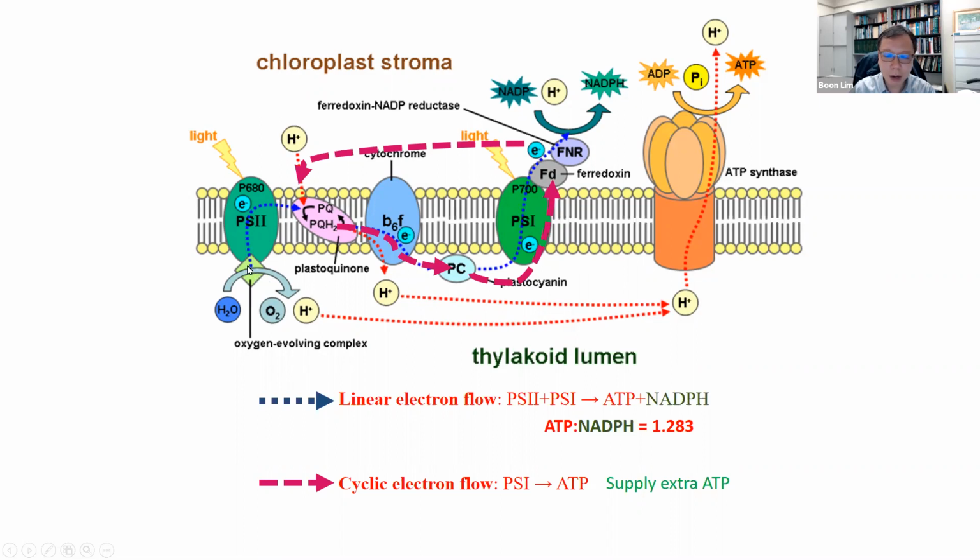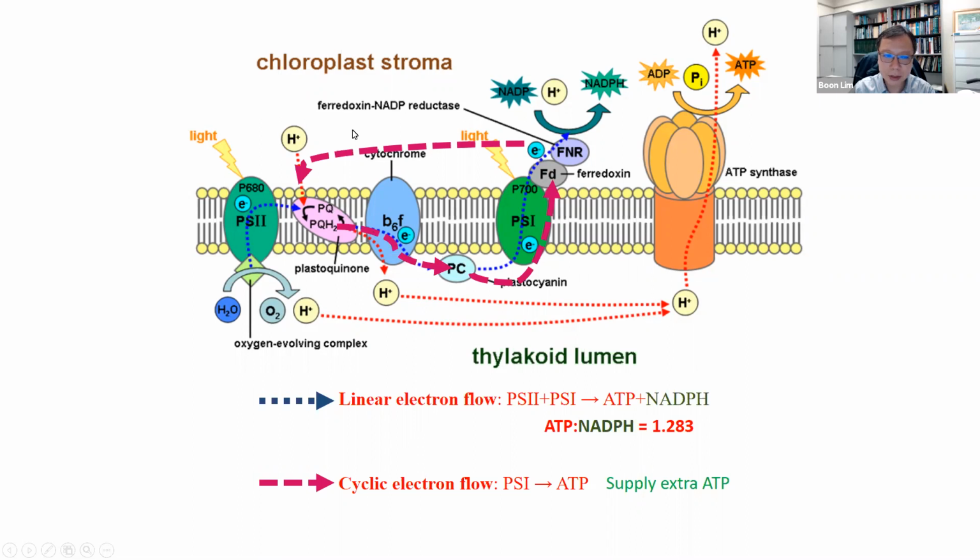The OEC complex here, upon illumination, can extract electrons from water, and the electrons will pass through PS2, cytochrome b6f, and then PS1, and then eventually the electrons can be used to reduce NADP into NADPH. And so this is called a linear electron flow.